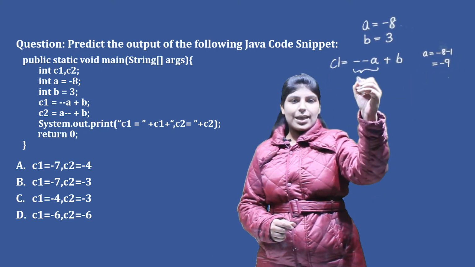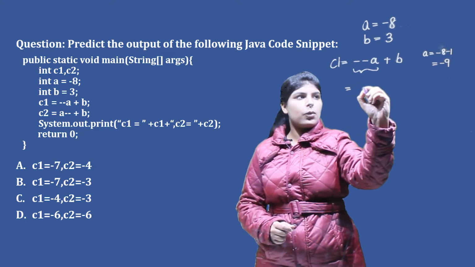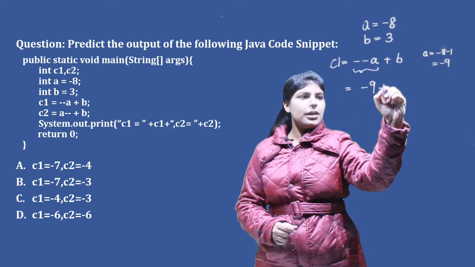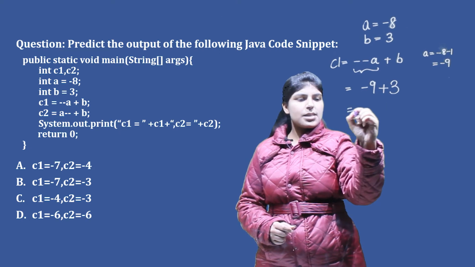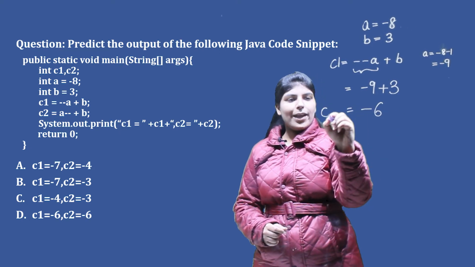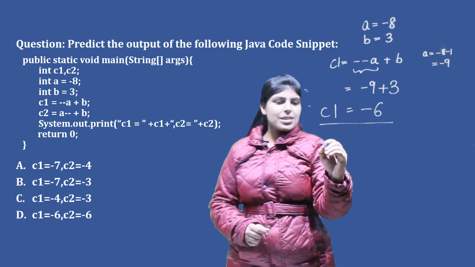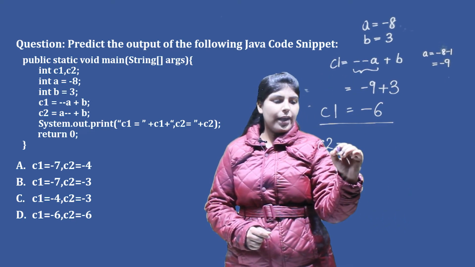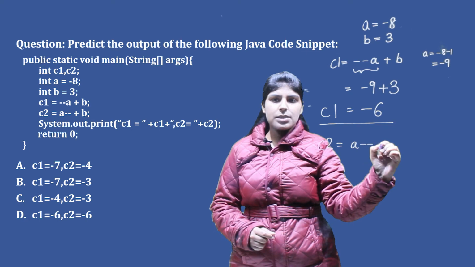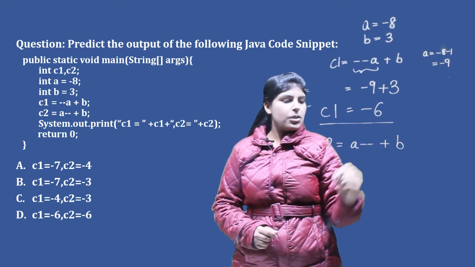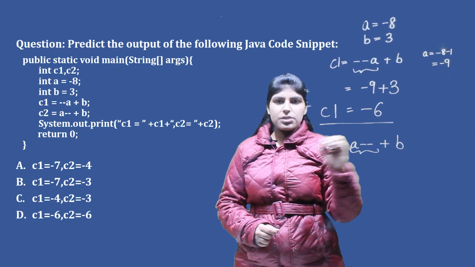Now I'll use this A in this expression. So C1 will be equal to minus 9 plus 3. So this is minus 6. So the value of C1 is minus 6. Right? So in the next expression for C2, I have A-- + B. So now this is a postfix operator.